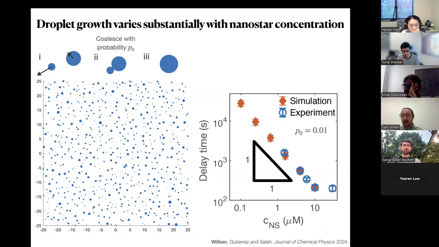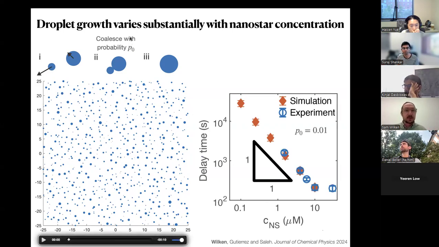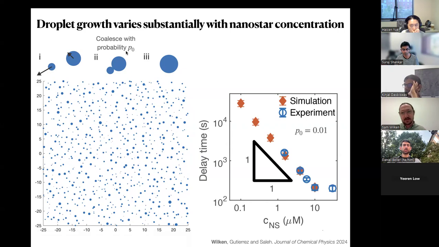Okay, so it turns out that if you want to recover the experimental observation, you need to include a coalescence probability that is less than 1. The anisotropic nature of the particle inspired us to think maybe droplets collide, but they don't necessarily coalesce.